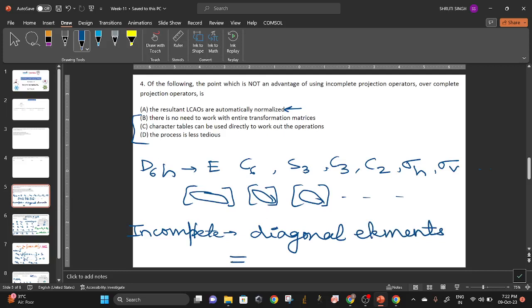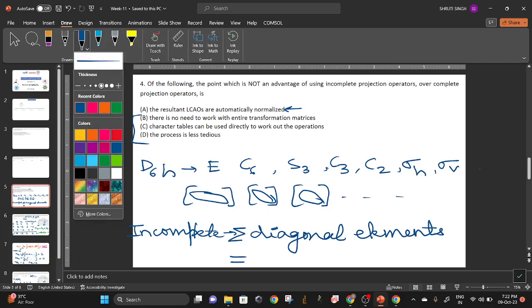What is the sum of the diagonal elements of a transformation matrix called? It is the character, right? The character or the trace.